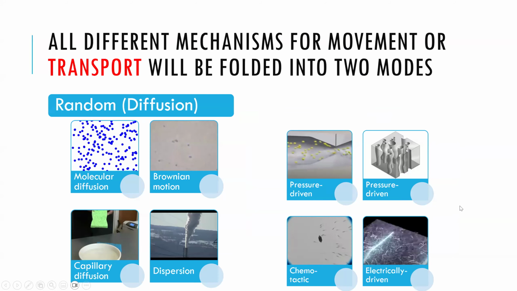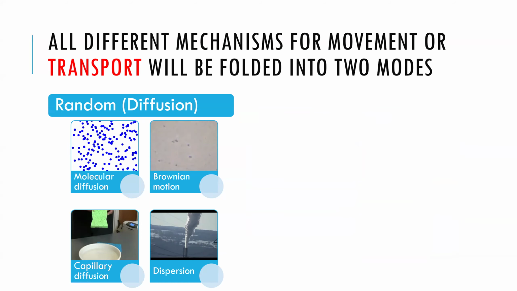Okay, so all these different mechanisms for movement or transport will be folded into two modes. We're going to go nuts if we have so many different types of diffusion. This is not a biology class, or even a physics class.